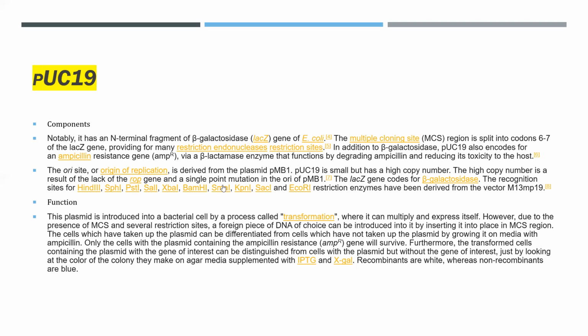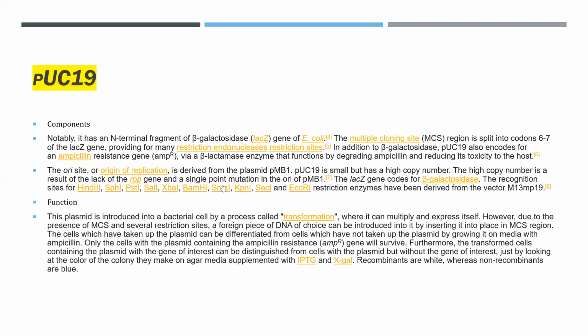The cells which have taken up the plasmid can be differentiated from cells which have not taken up the plasmid by growing them on media with ampicillin. This is an antibiotic. Only the cells with the plasmid containing the ampicillin resistance gene will survive.